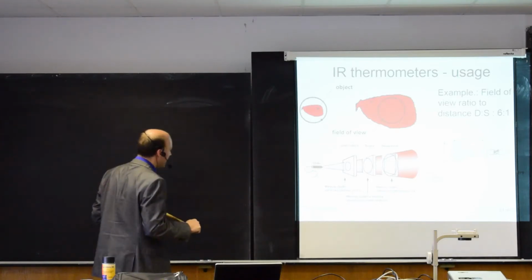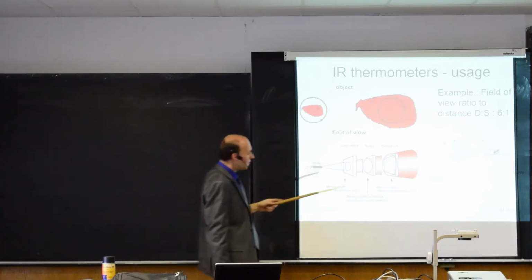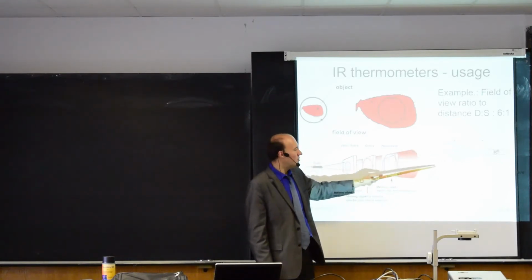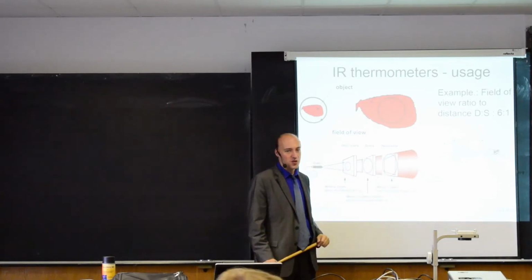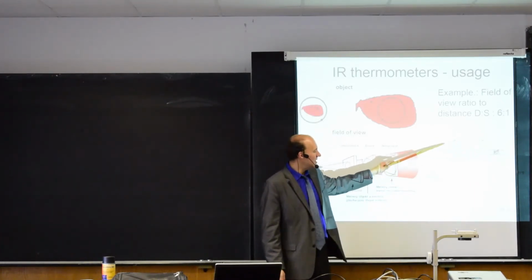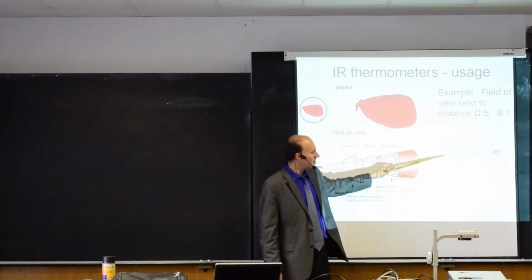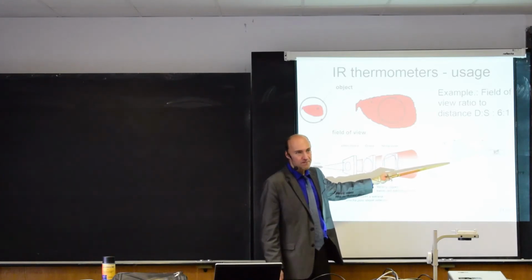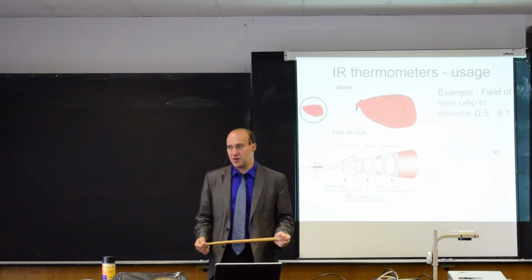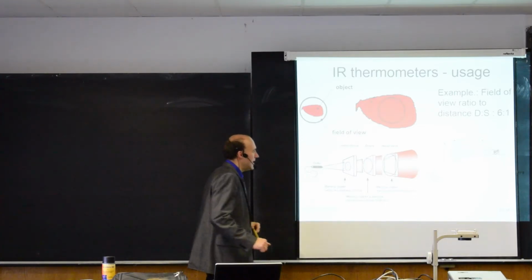Another thing is that the field of view, due to the optics, gets larger if you're increasing the distance from the object. So here we have distance d, and this diameter of the field of view is always given in the manual of the IR thermometer.